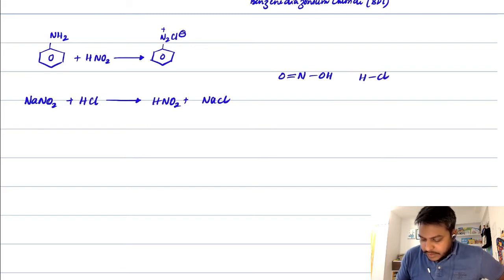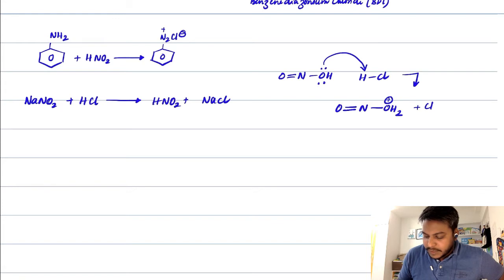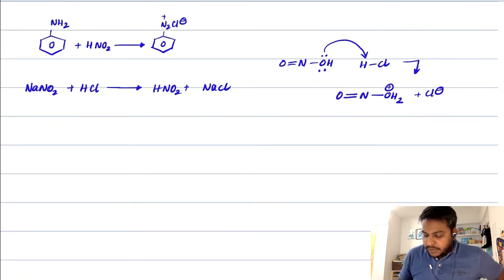And we have HCl still in the solution, which makes this lone pair get attracted to this proton, and it would start forming OH2 plus and Cl minus. Because of which the lone pair on this oxygen can push electrons so that this H2O can be removed. So I will have N triple bond O plus. So this is the electrophile which is formed.